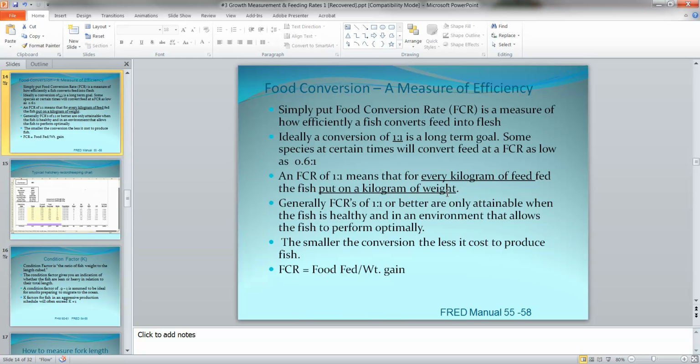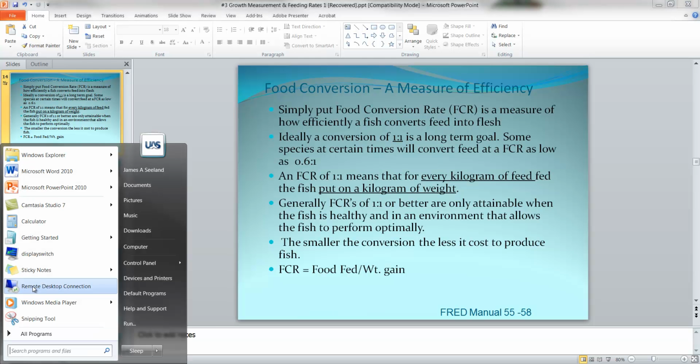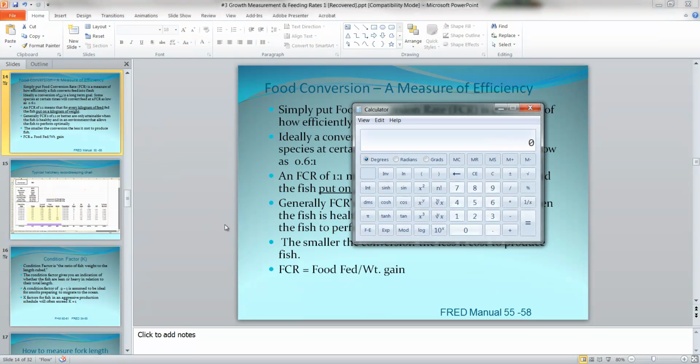Maybe we should do a real quick review of what biomass is. Let me pull up that calculator again here real quick. For this one, you don't have to have the scientific calculator, but since it's pulled up here, let's go ahead and do it.